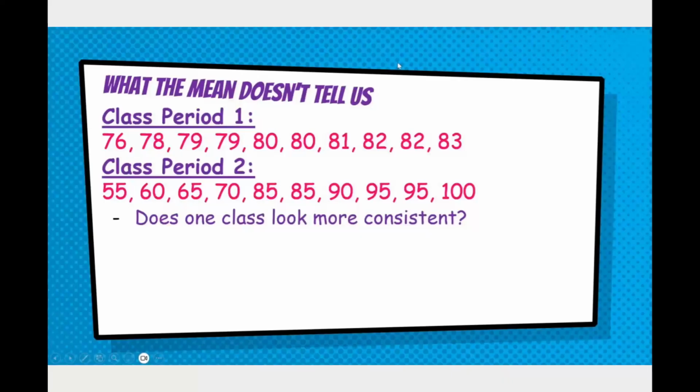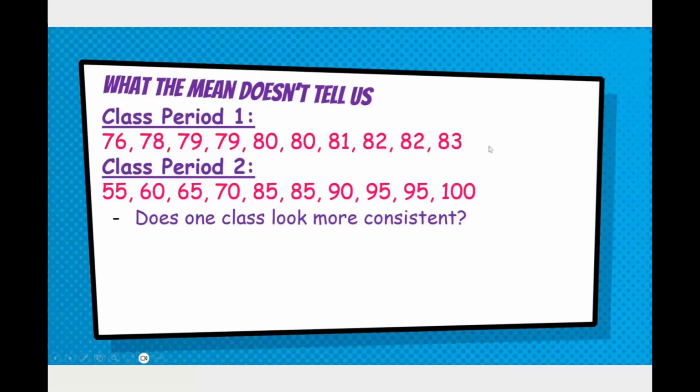If I were to ask you, what class do you think did better? Well, class period 2 had 1, 2, 3, 4, 5, 6, 7, 8, 9, 10 grades. And out of those 10 grades, we had 3 people fail this class, and 1 person made a 100. We also had 4 A's.